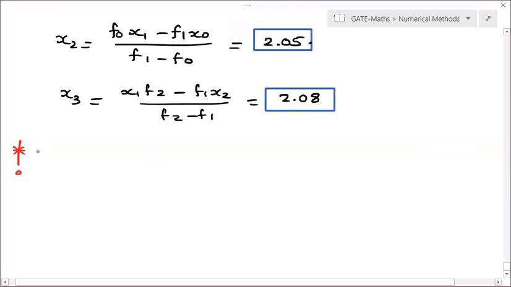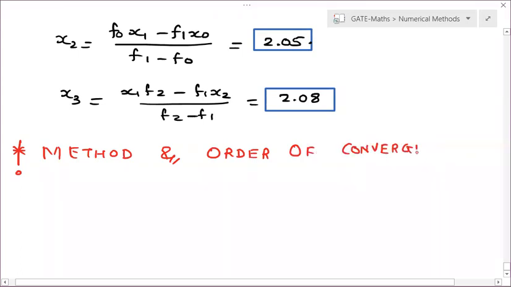So let us compare all these methods and their order of convergence.